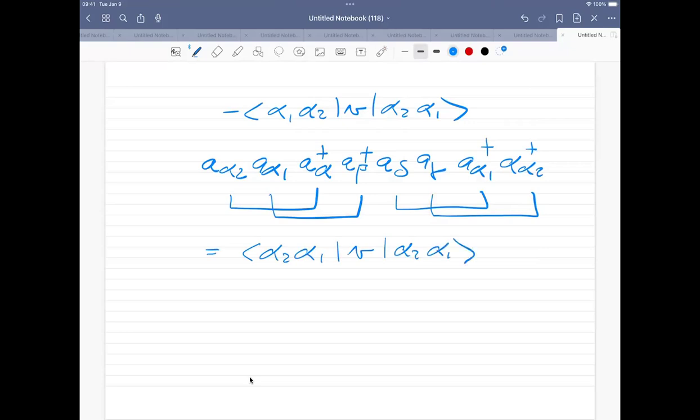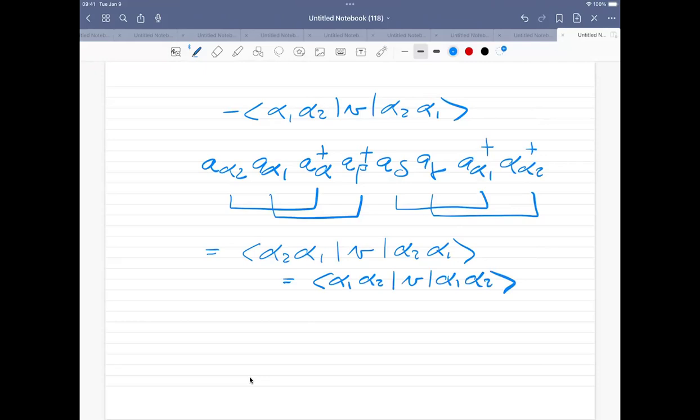But we know that we have defined this interaction to be invariant under the interchange of alpha 1 and alpha 2. So this is the same as alpha 1, alpha 2 of V, alpha 1, alpha 2 here.